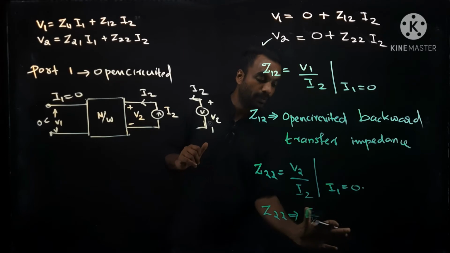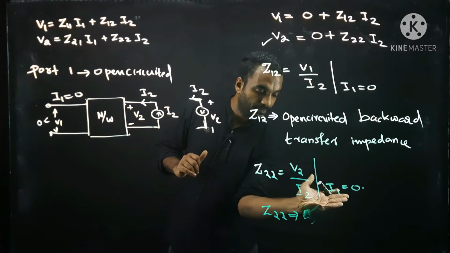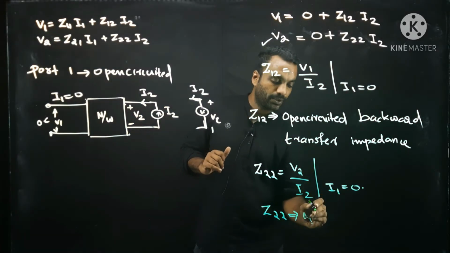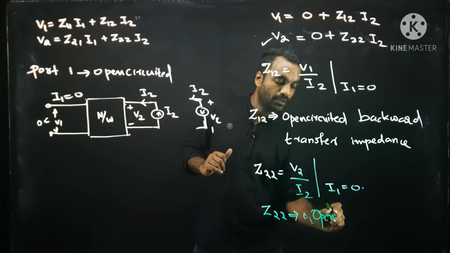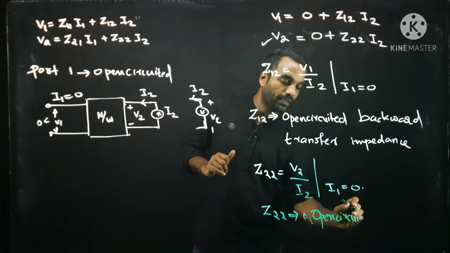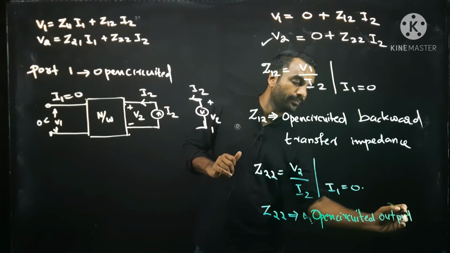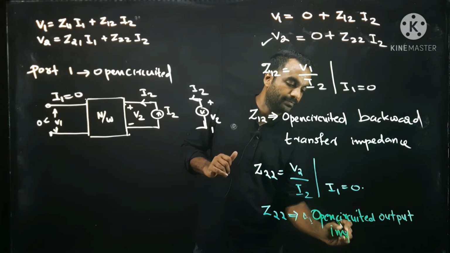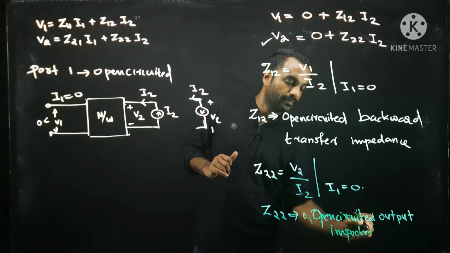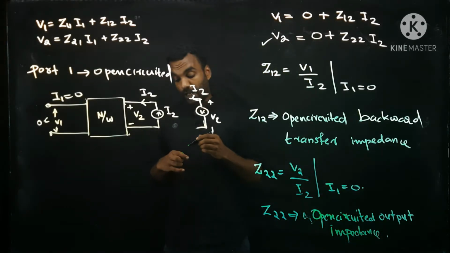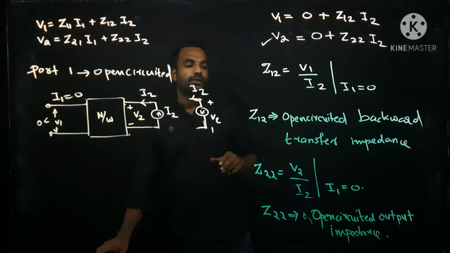And we have to mark one more thing. Is it open circuited? Yes, we have to write it as open circuited output impedance. Open circuited output impedance.